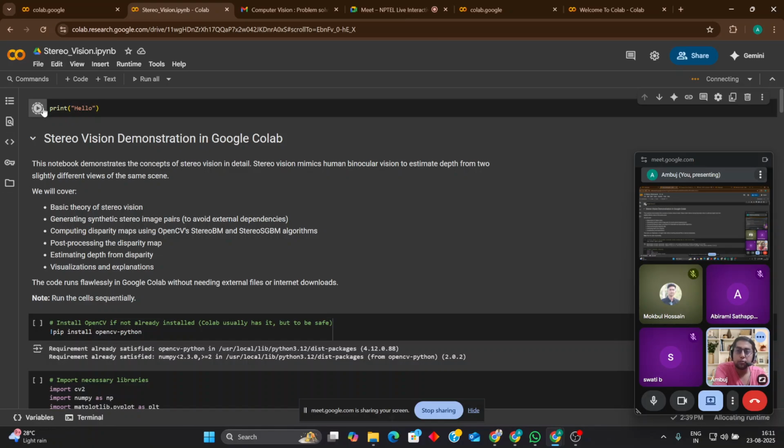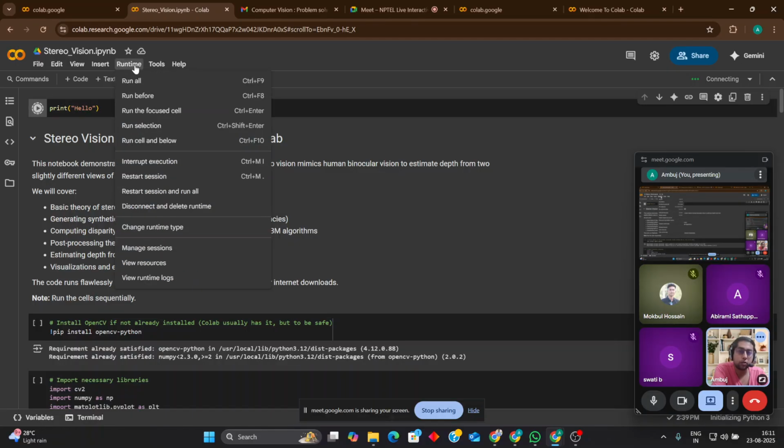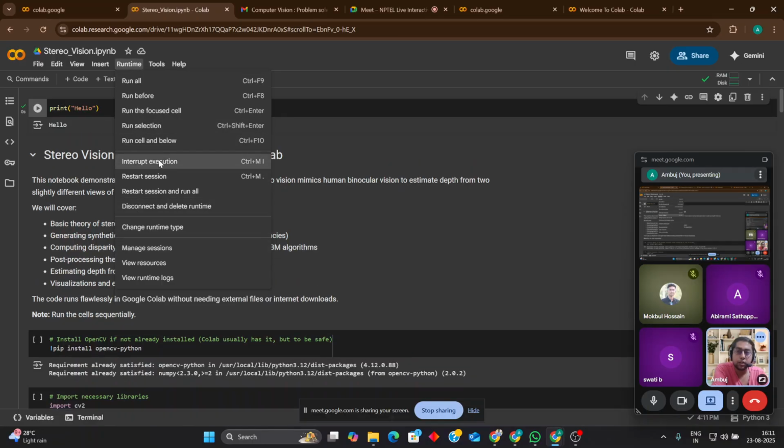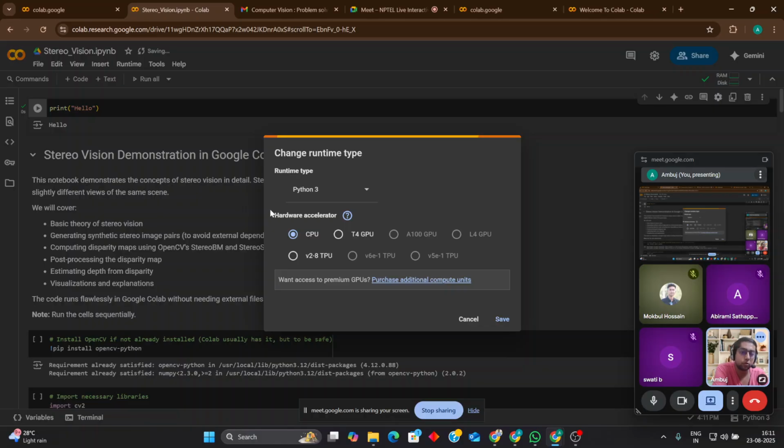If you try to run it, first of all you have to check the runtime. Under runtime there is a facility to manage your sessions if you have multiple notebooks. Other facilities are there too, you can change the runtime type.